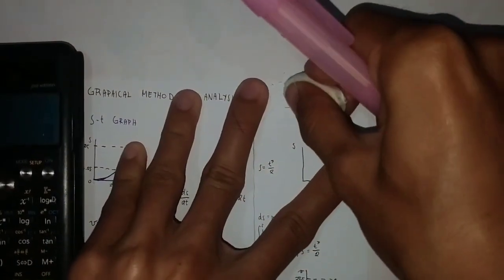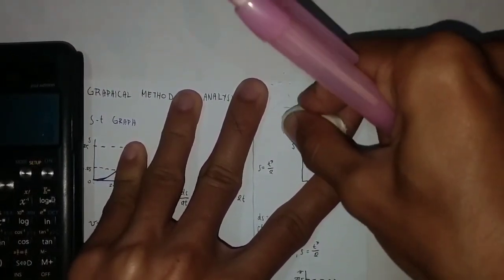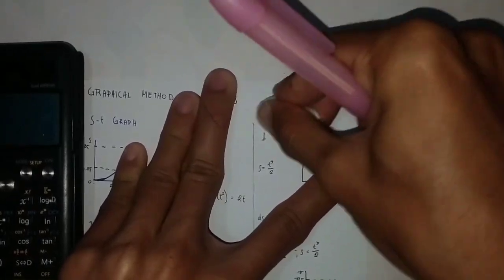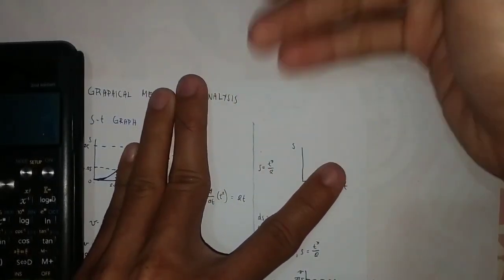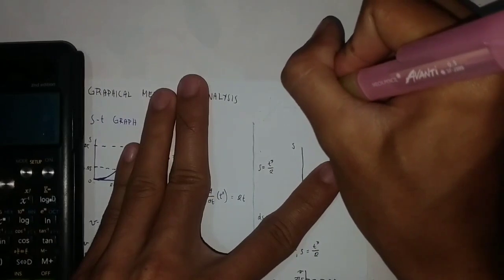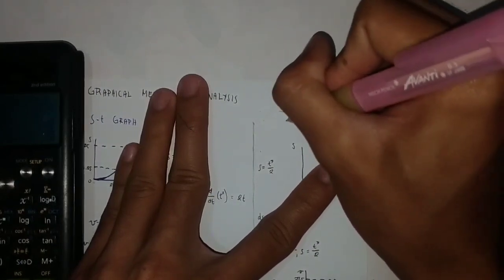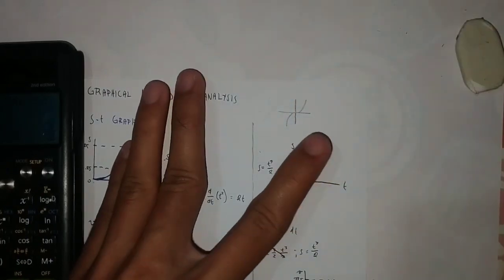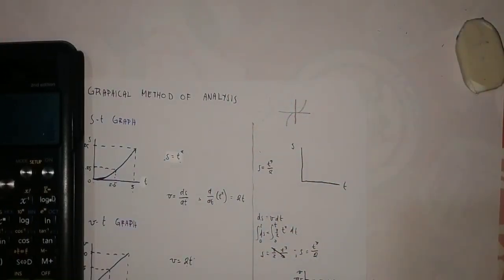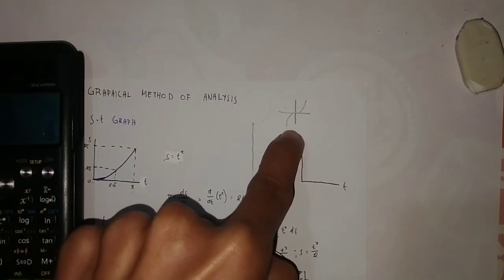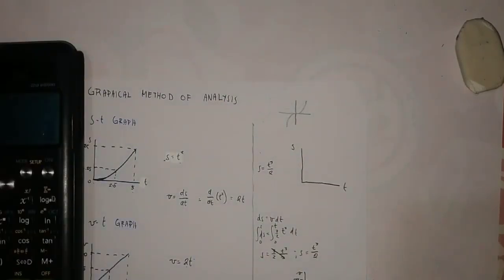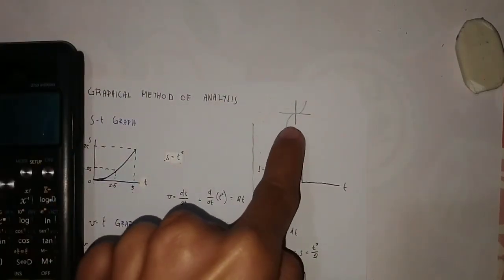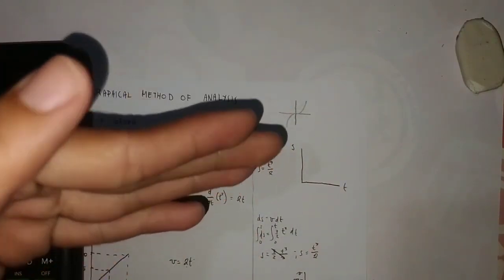So anyways, if the graph of a square is a parabola, the graph of a cube would look like this. It's just like a parabola, however one part is facing downwards and the other is upwards.